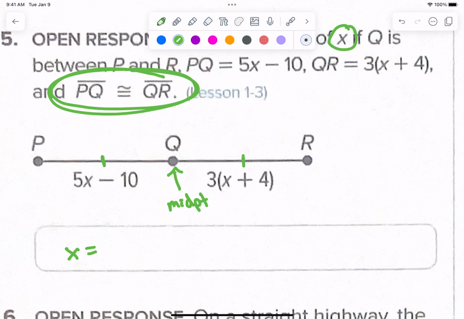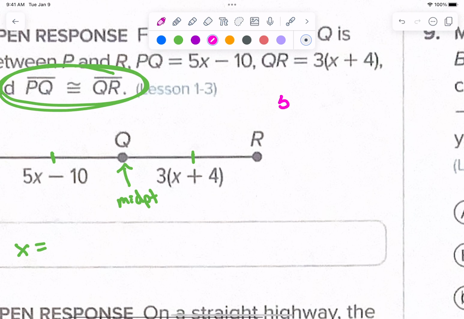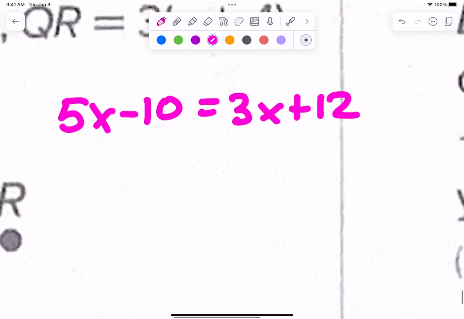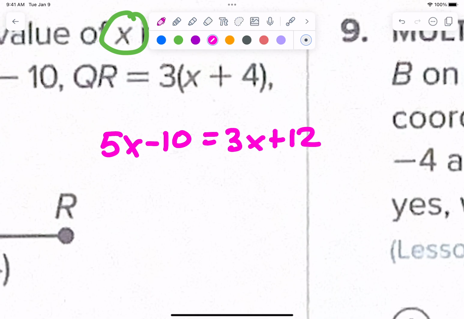All right, so what do we do to solve for this? Set them equal to each other, right? So 5x minus 10 is equal to, can you distribute the 3 through? 3x plus 12, okay. All right, I'm gonna solve him over here now. Let's subtract the 3x. And I'm gonna add the 10 over.